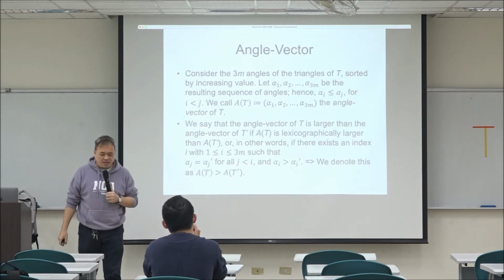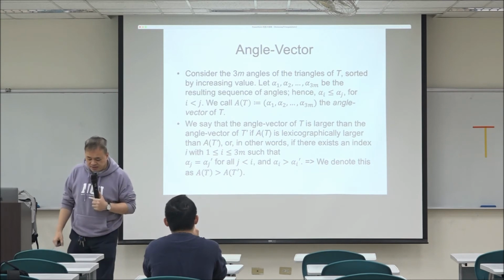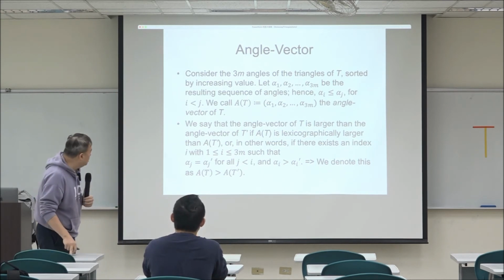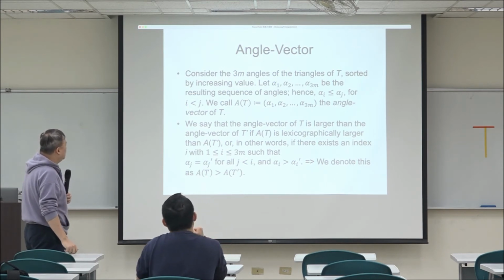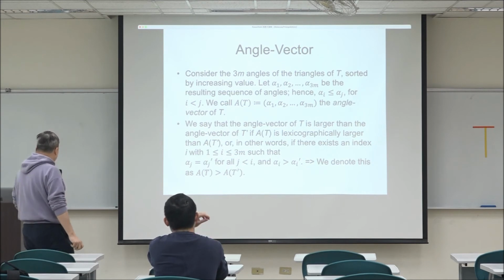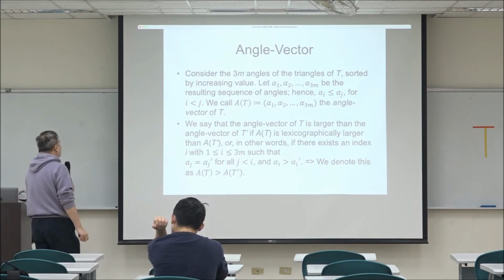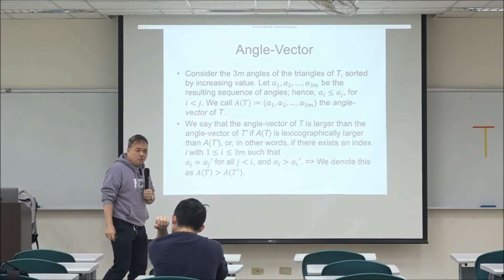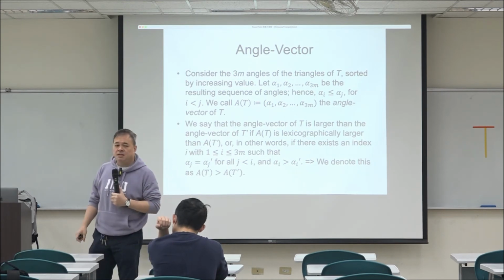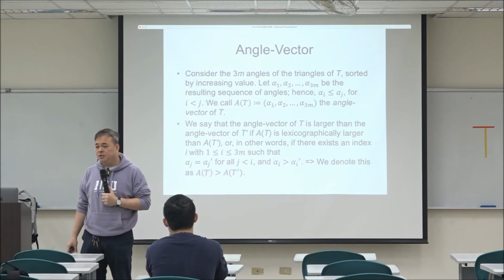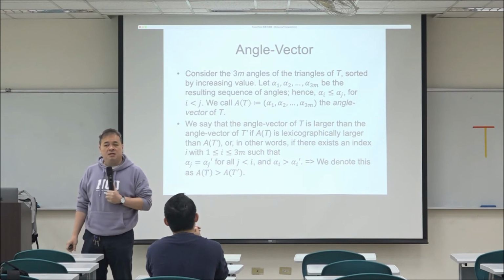Then we need to define a very important concept, and this concept is very interesting as well. We call that the angle vector. After we triangulate those n points, remember we will end up having m triangles, right?